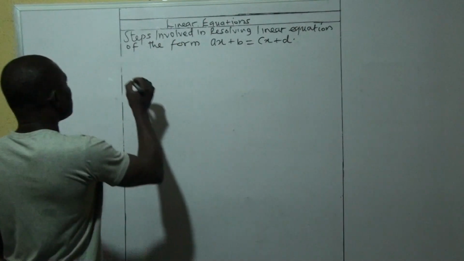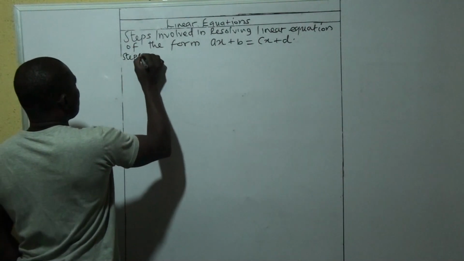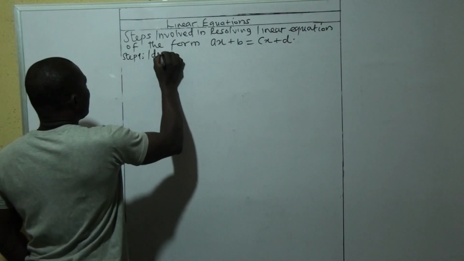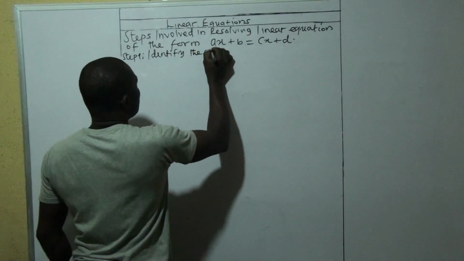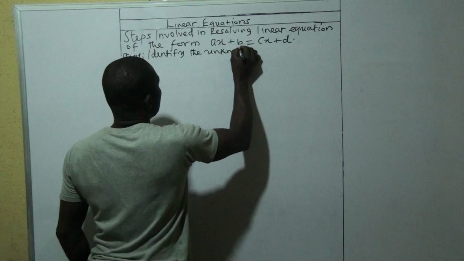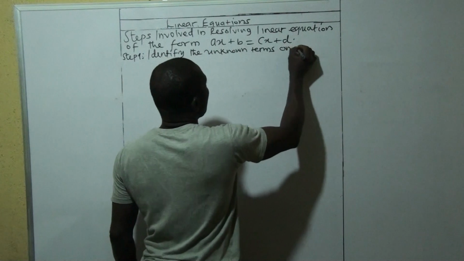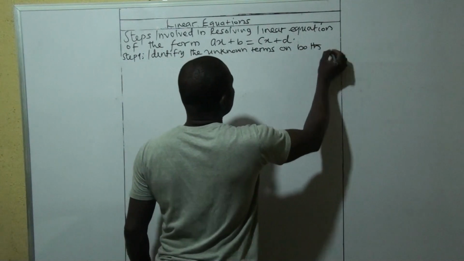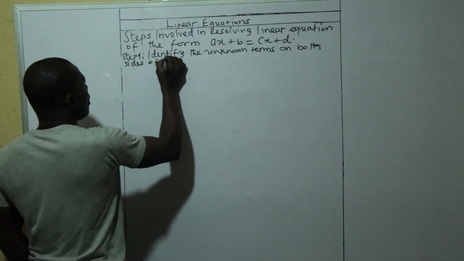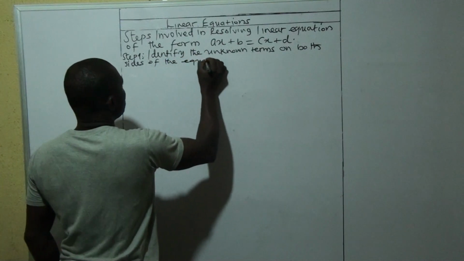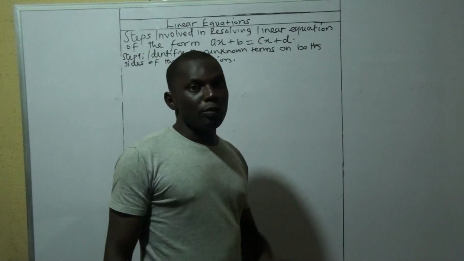So the first step, step 1: identify the unknown terms on both sides of the equation.